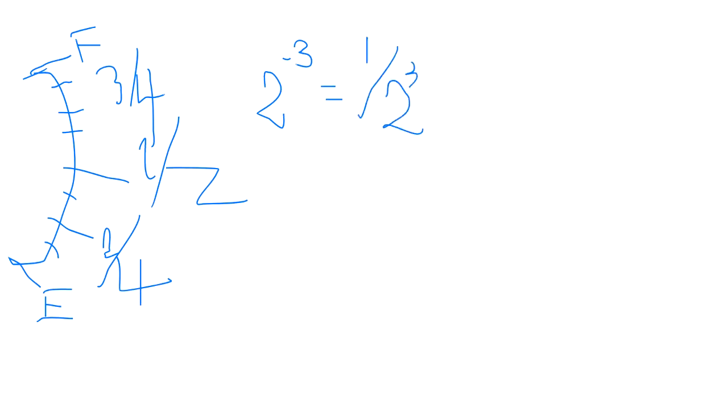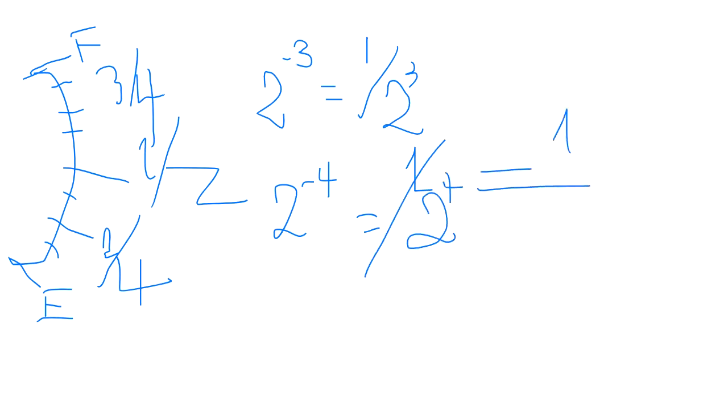If you split it one more time, it's going to be 2 to the negative fourth, which is 1 over 2 to the fourth, and that's, of course, 1 over 16.